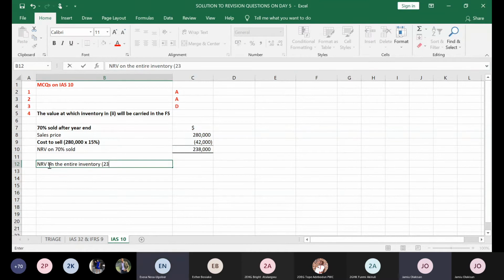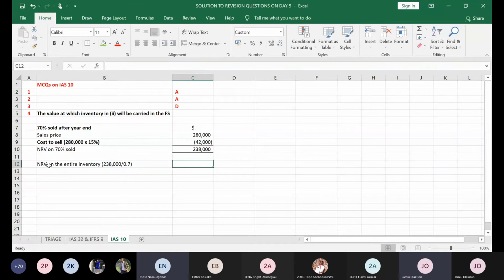You will say 238 being the NRV of 70%. You will not gross it up. You divide it by 0.7. Are we together? You divide it by 0.7, which is the 70%. You say divided by 0.7, 340. So on the entire inventory.